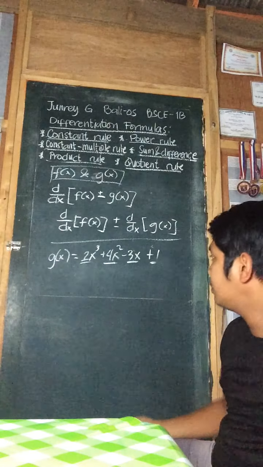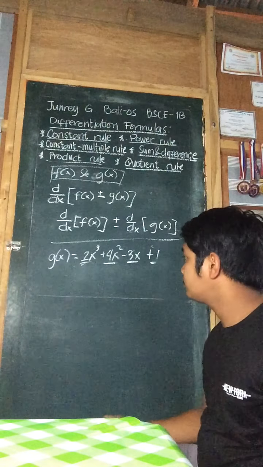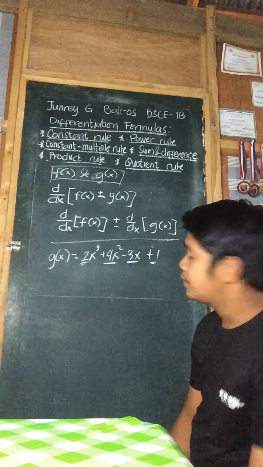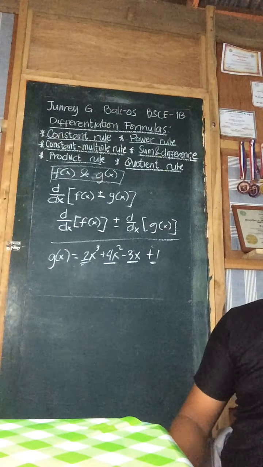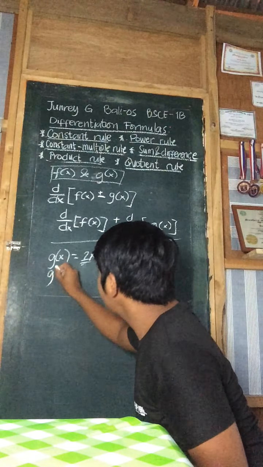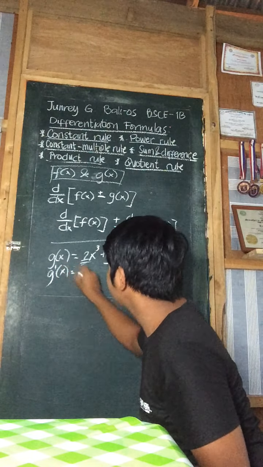The functions are 4 here. So, for g of x, we need to first find the g prime of x here.